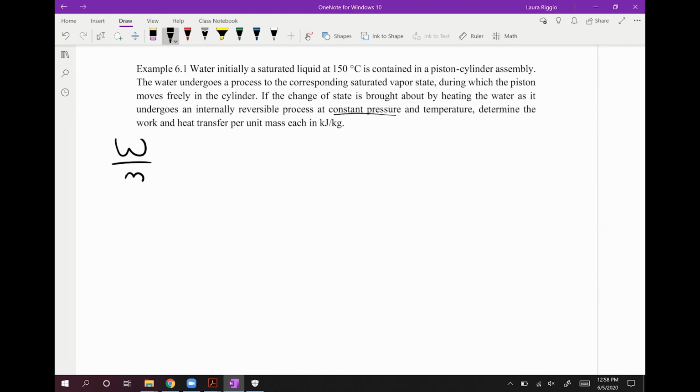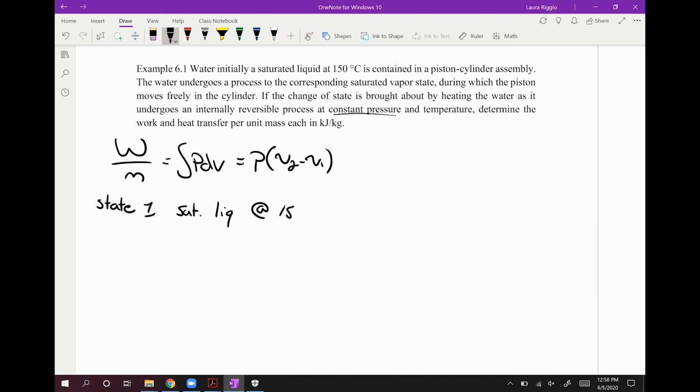Our work is still the integral of P dV. Since it's constant pressure, it's our pressure times our change in specific volume. So we need our states. State 1 is saturated liquid at 150 degrees Celsius.